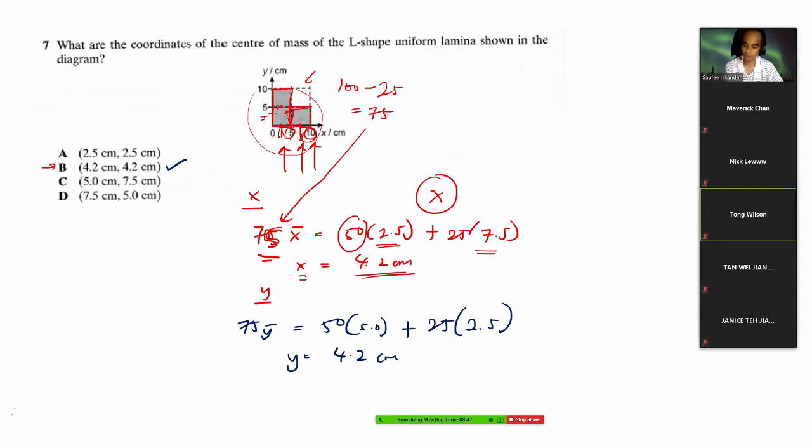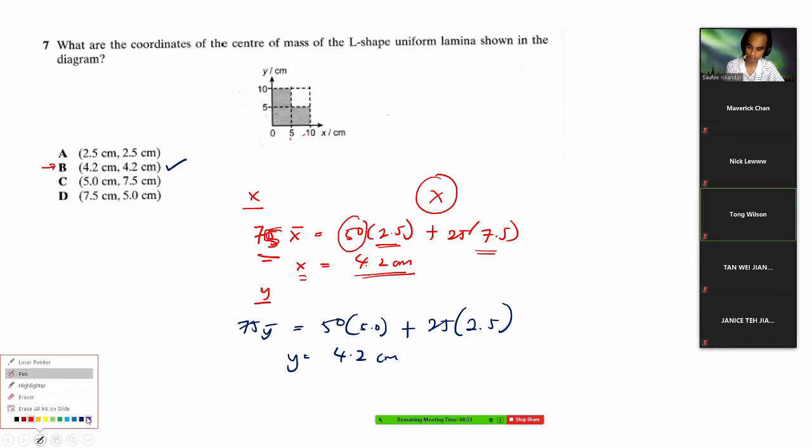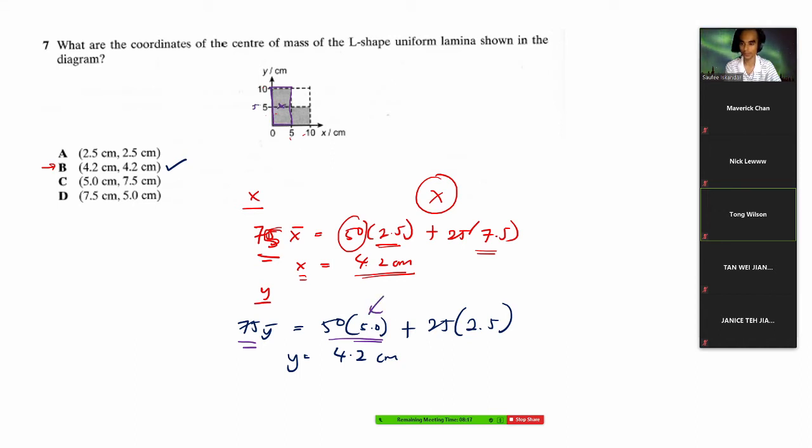For y, I have to erase again. For the y axis, first of all 75, of course the whole thing is still 75. In the y axis, we can see there will be this one first, 50, and the middle of it is 5.0.